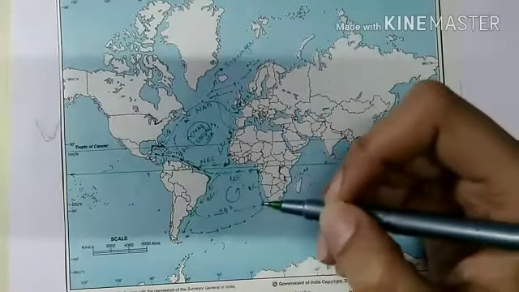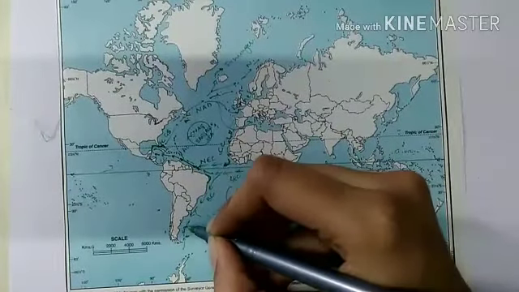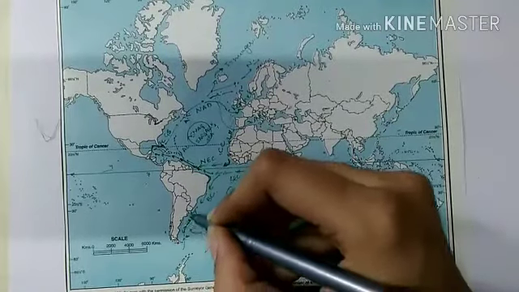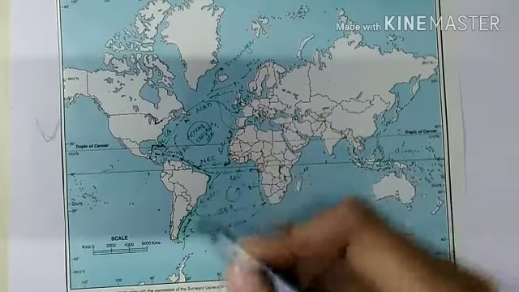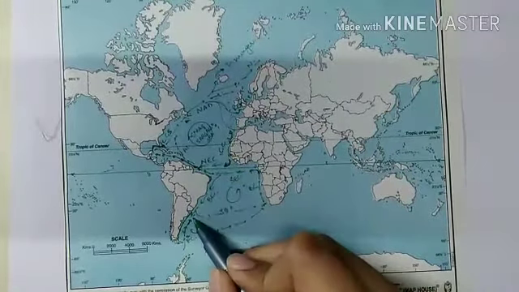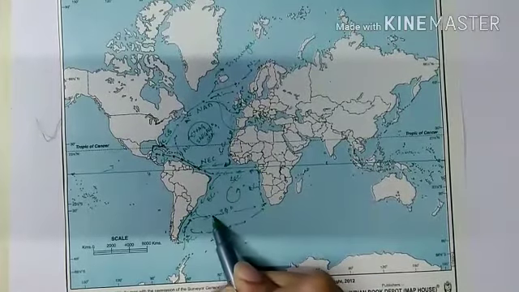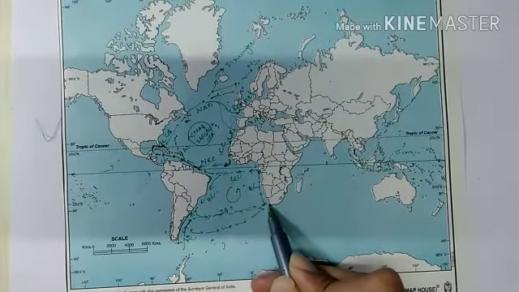Now along with this, we have the Falkland Current, a cold current coming at the eastern coast of South America. It merges with the South Atlantic Drift and moves towards the coast of Africa.